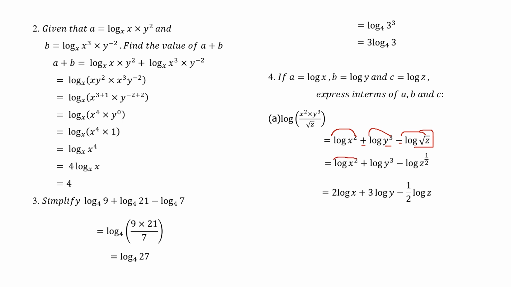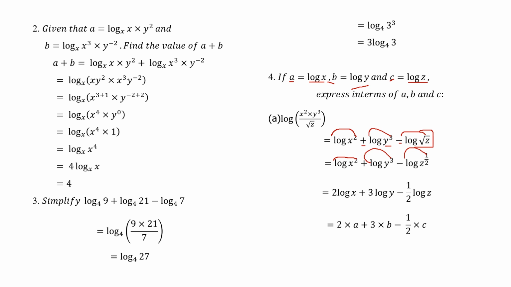So the 2 comes there, the 3 comes there, and then the half comes there. Now, here I can go back to my question: where I see log of x, I'm going to put a. Where I see log of y, I'm going to put b. Where I see log of z, I'm going to put c.